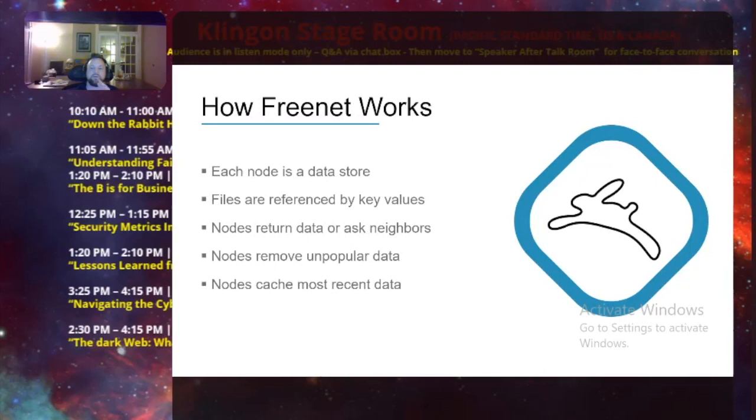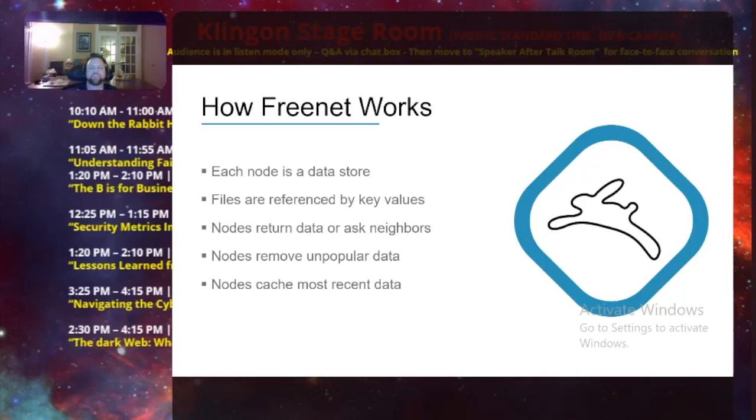Once it's known, your system is going to send a request out to its own Freenet node, so your local instance of Freenet. And then it is going to get what's called a hops to live value and some randomly generated ID, so it can be recognized and or rejected by nodes that have seen it before.